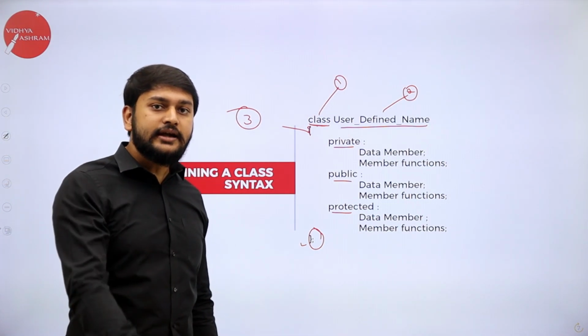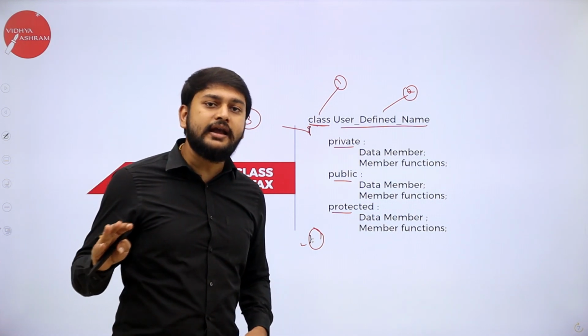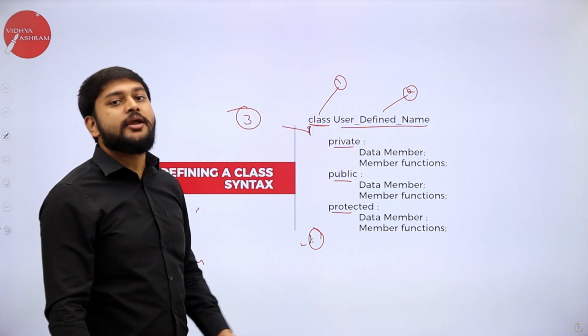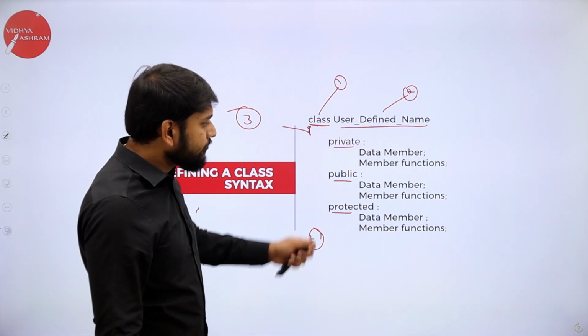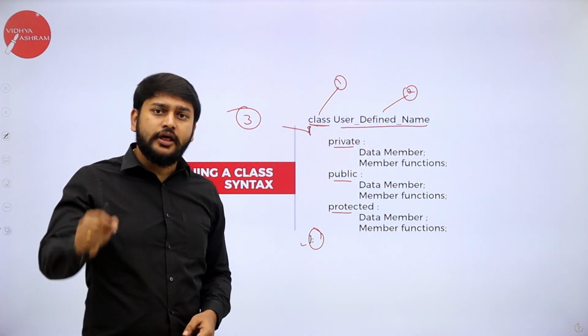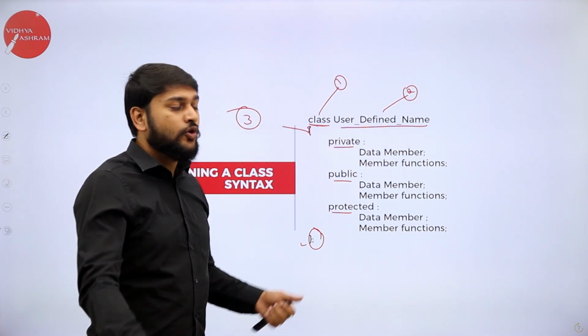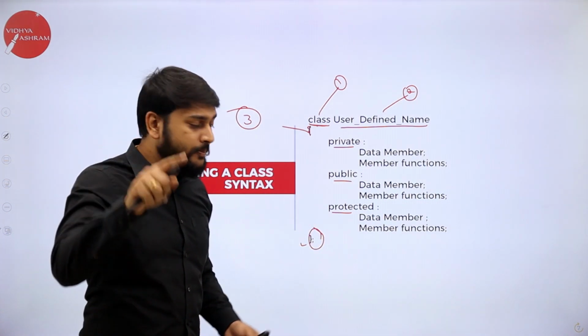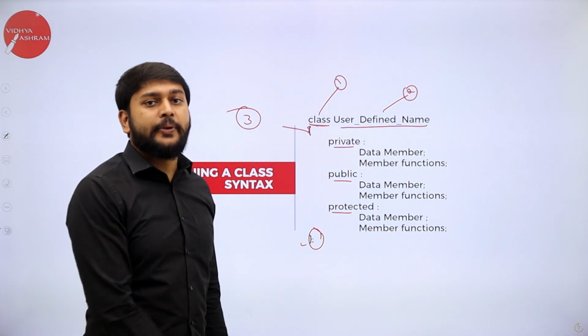Sir, is it mandatory that I should write it in the same order? No, it's not mandatory. And one more point you need to remember: by default, the access specifier of a class in C++ will be private. Even if you don't mention any access specifier, by default it will be private.